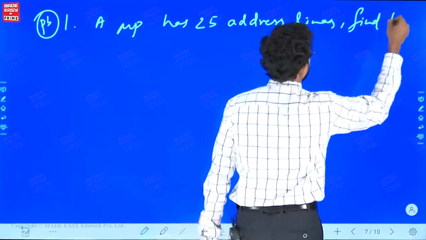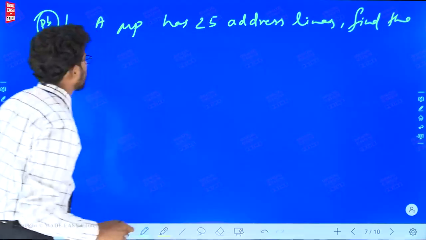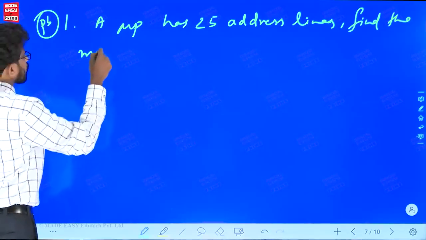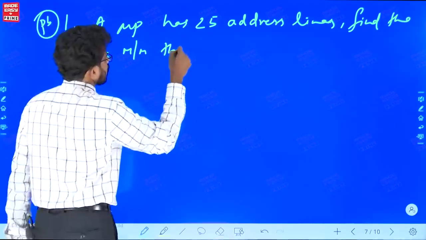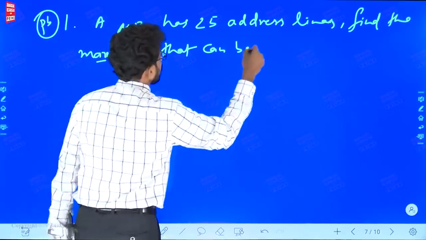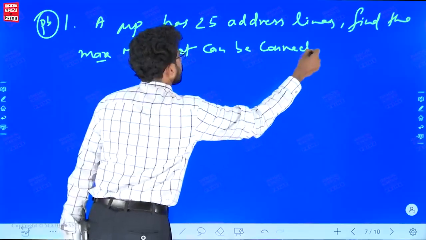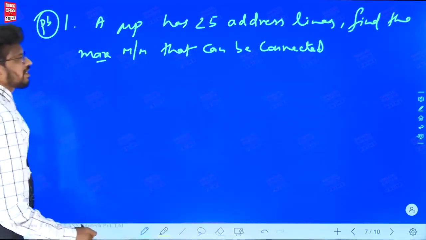Find the maximum memory that can be connected.